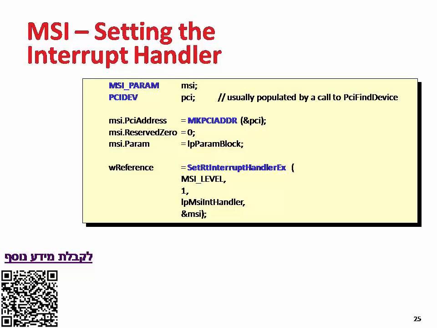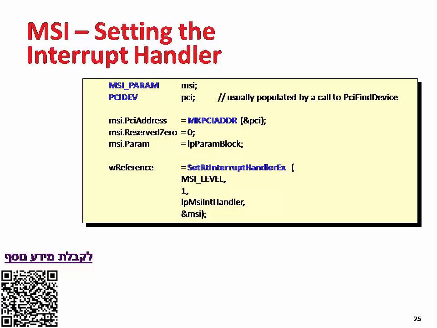For message signaled interrupts, set W level to MSI_level. There is one additional parameter that varies for shared versus MSI interrupts. For MSI interrupts, the fourth parameter must point to an initialized MSI_param or MSI_param_EX structure. This structure then has a pointer to a parameter block that is passed into the interrupt handler with every call.